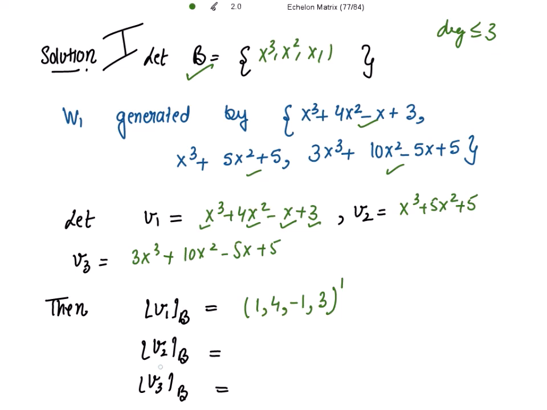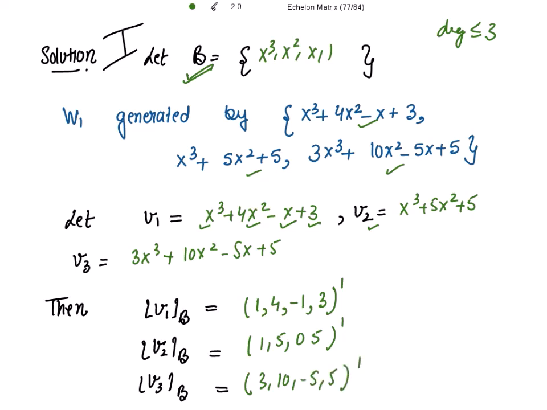Similarly, the coordinate vector of V2 with respect to the basis B is 1, 5, 0, 5, and the coordinate vector of V3 relative to the basis B is 3, 10, -5, 5.